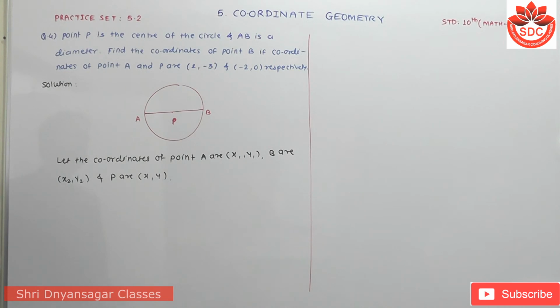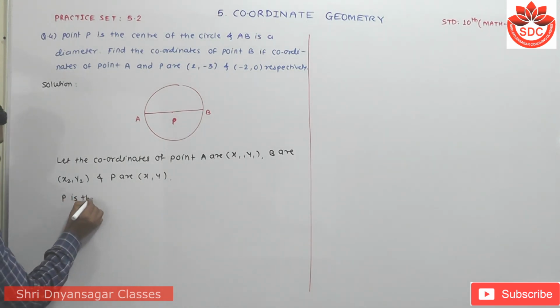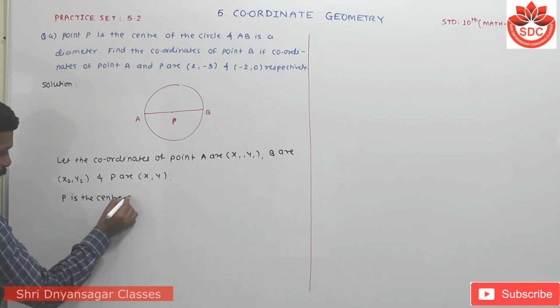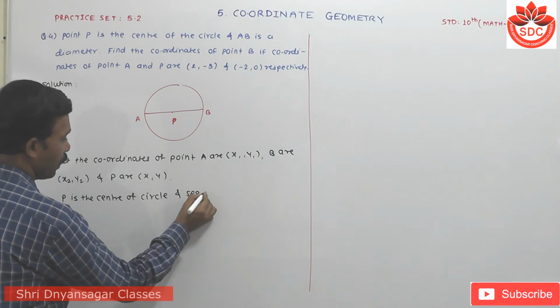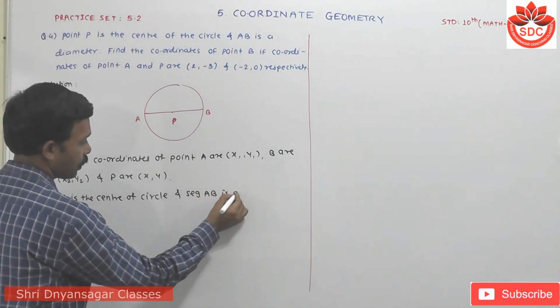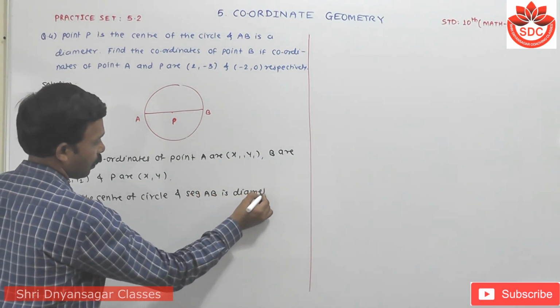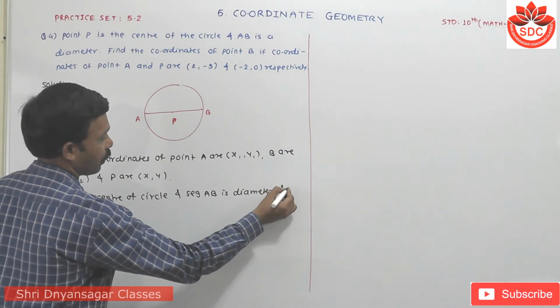Now student, P is the center of the circle and segment AB is the diameter of the circle.